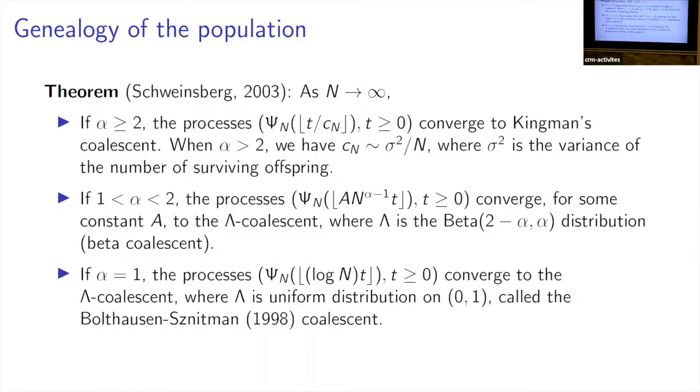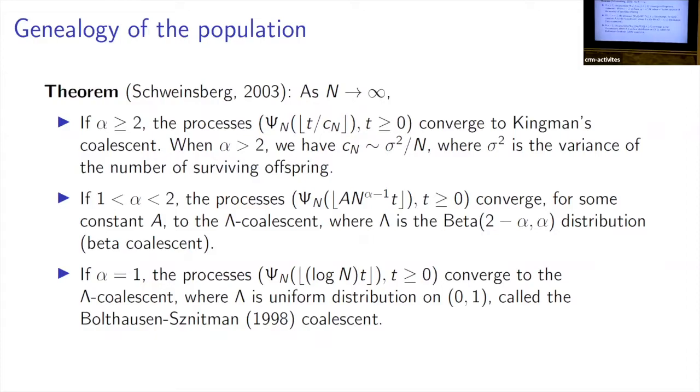And as a result of that, we can get multiple mergers of ancestral lines. And the genealogy is best described by the beta coalescent with parameters 2 minus alpha and alpha. So it's the beta coalescent, and by that I mean the lambda coalescent, where lambda has the beta distribution with parameters 2 minus alpha and alpha.